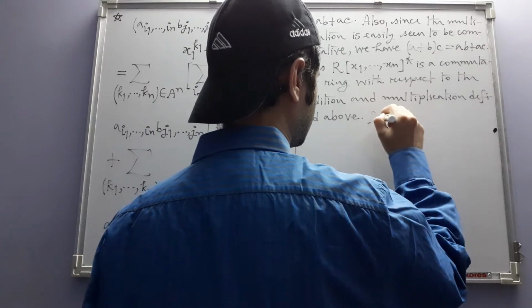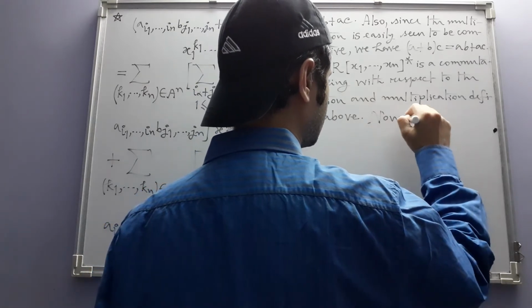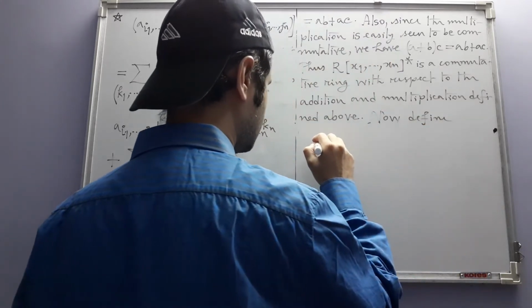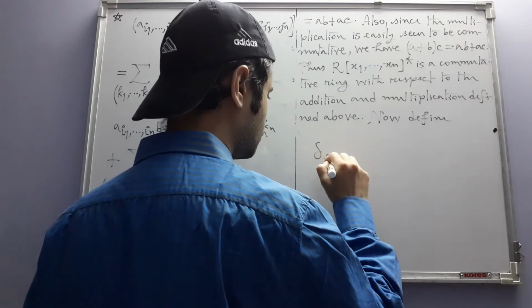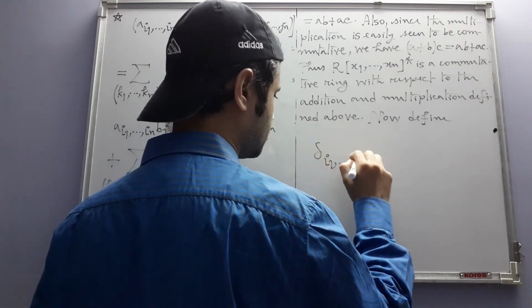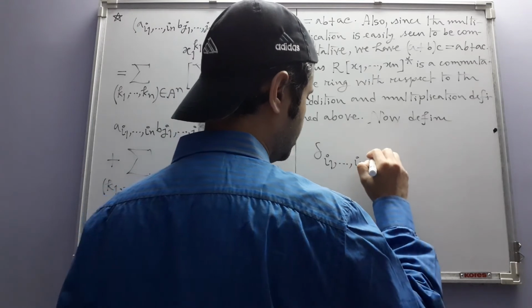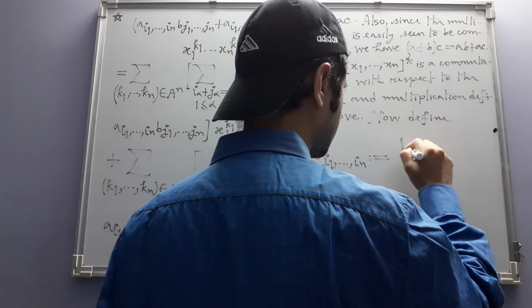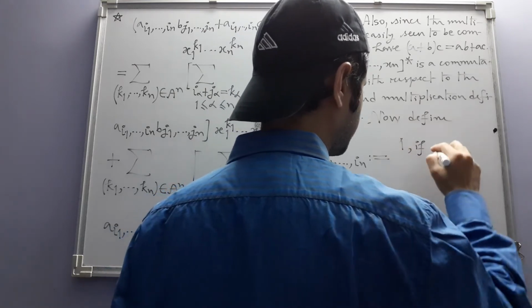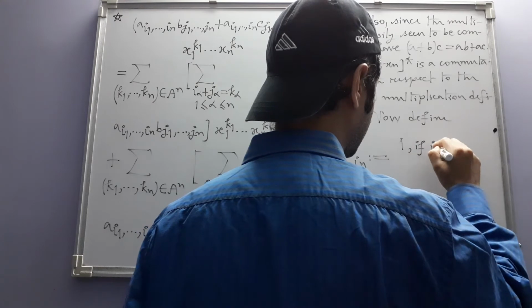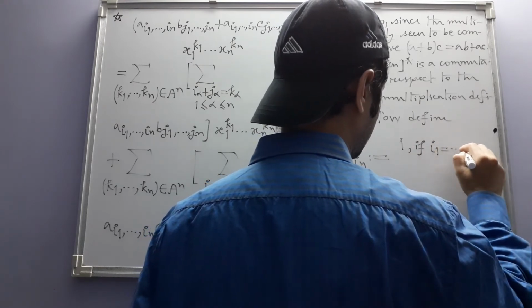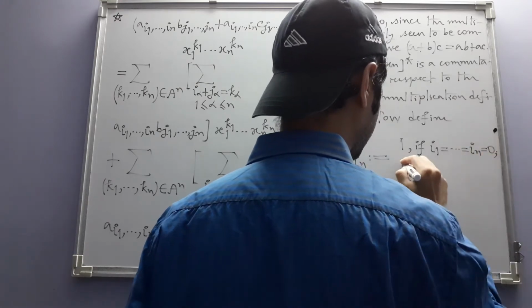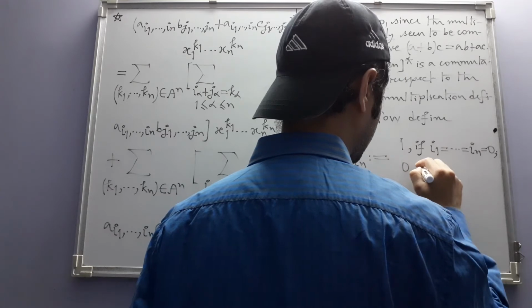Now define the element delta I1, I2 up to In in the ring R to be equal to 1 if all these Ij's are equal to 0 and 0 otherwise.